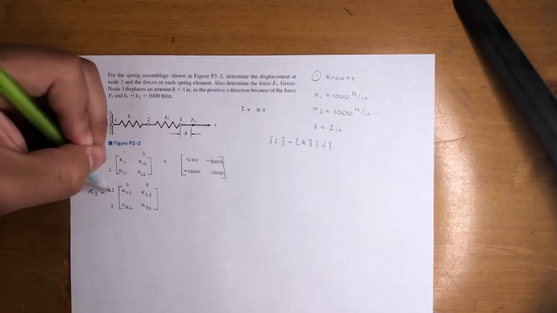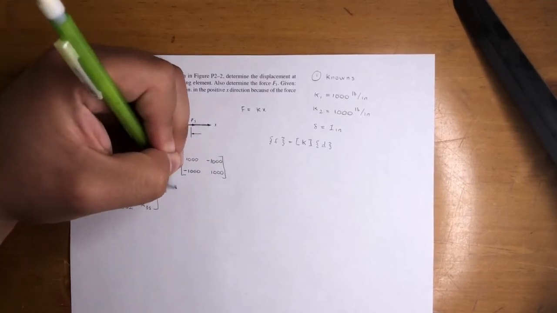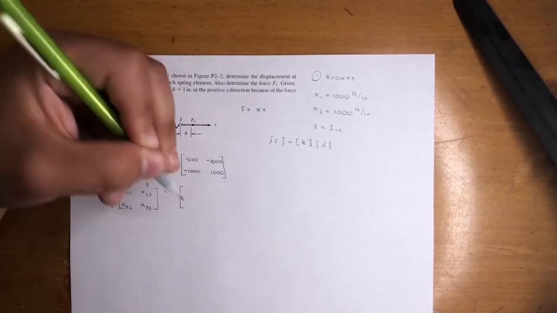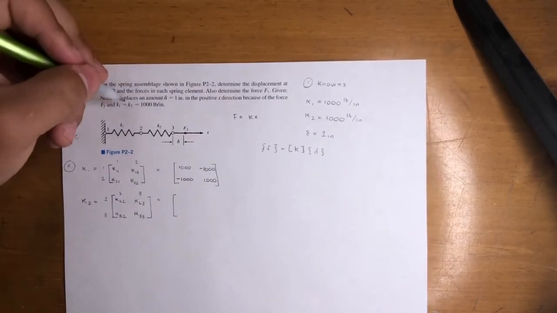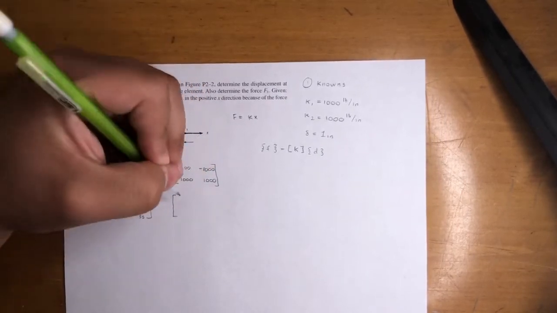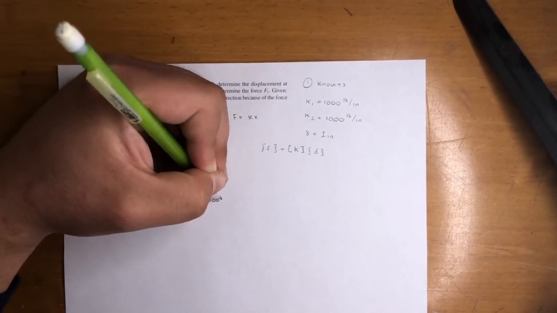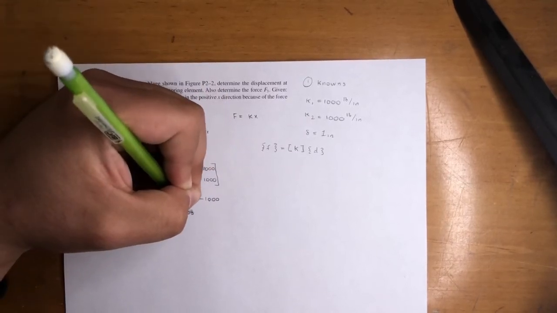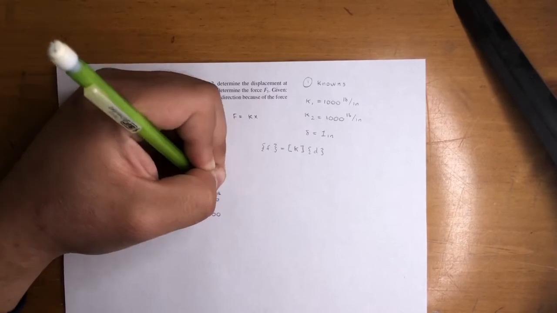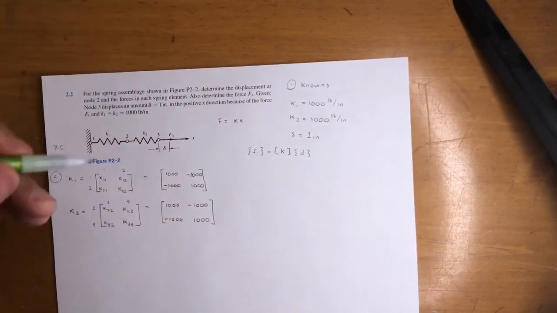So that's why 2 and 3, 2 and 3. And same thing, they have the same stiffness value. It's 1,000, negative 1,000, negative 1,000, 1,000. So that's pretty much it.